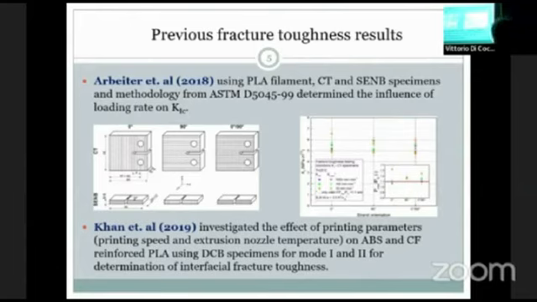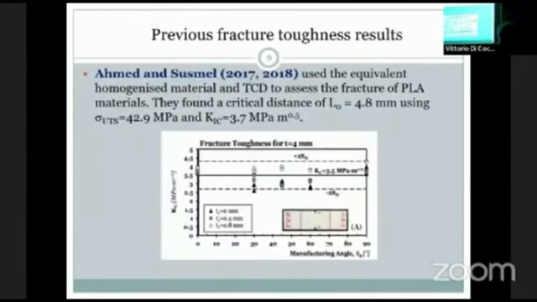Also, there are some studies on ABS and PLA reinforced with carbon fibers to determine the mode 1 and mode 2 fracture toughness. And there is an attempt done by Professor Susmel in the UK.